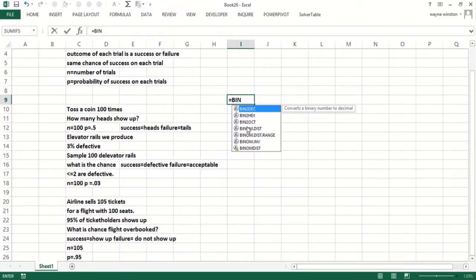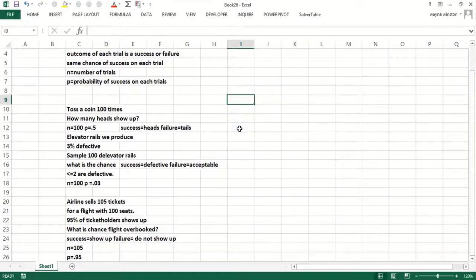I'm not going to worry about Binom.INV, but for Binom.DIST, you can see you need the number of successes, the number of trials, the probability of success, and then you need basically a true or false.